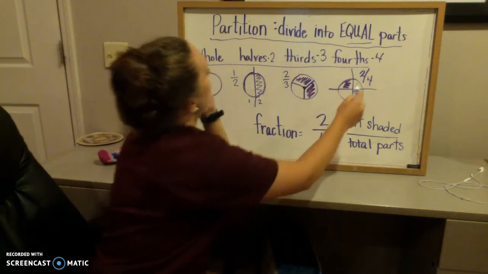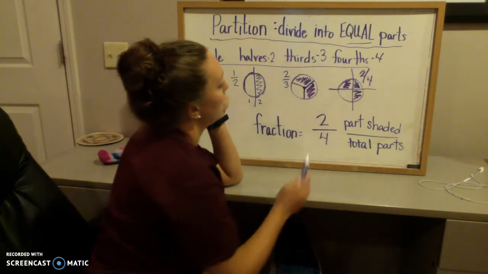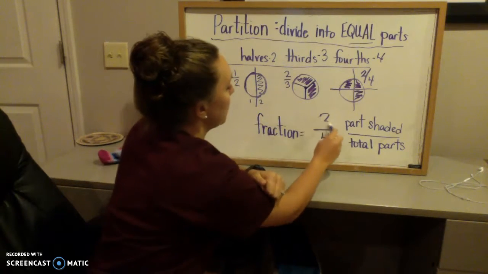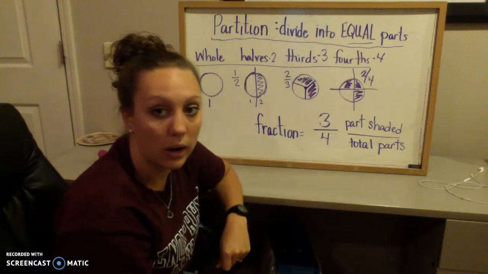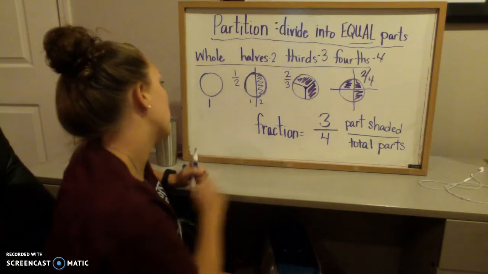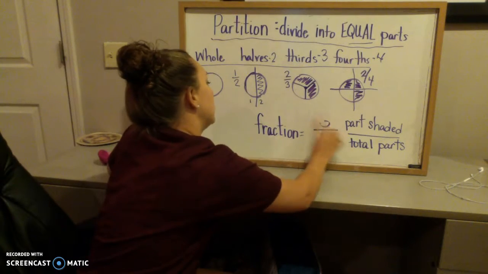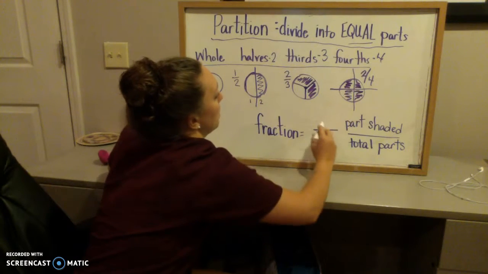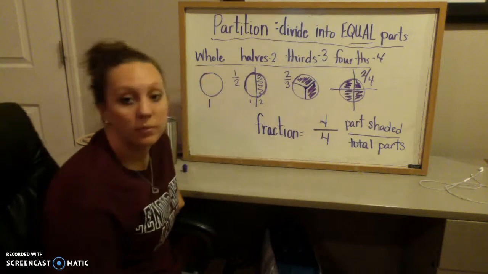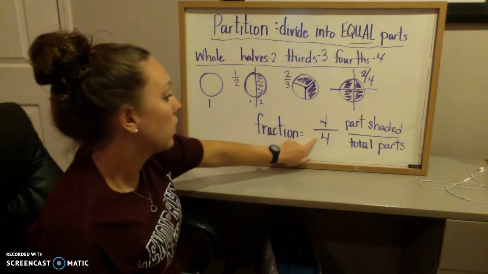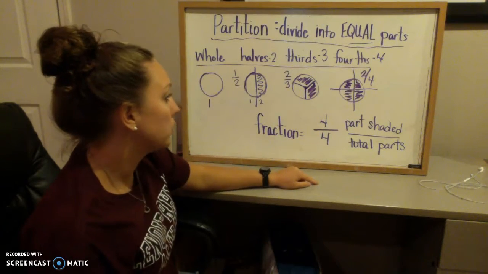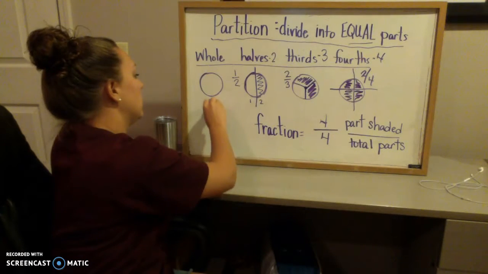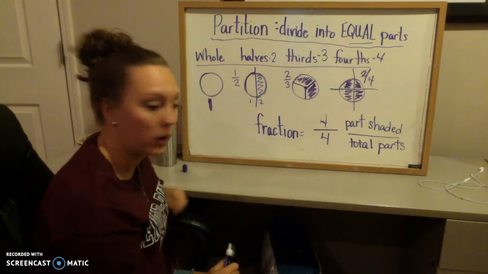So if I shaded 1 more part, that would make it 3/4, right? I only have 4 parts. What happens if I shaded in one more part? That would make it 4/4. Now I have a complete circle, or we could just say 1, right?